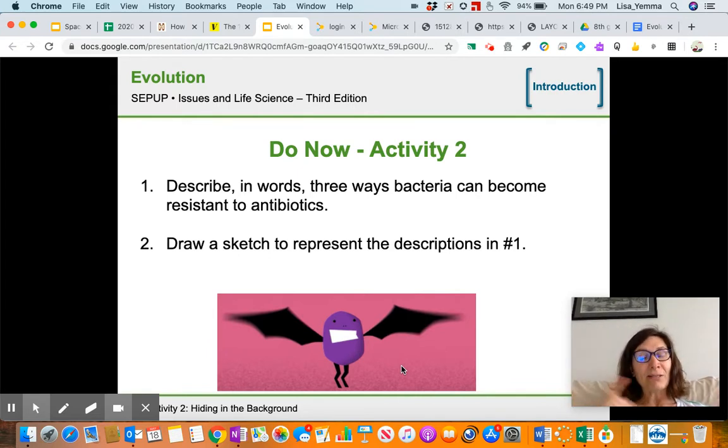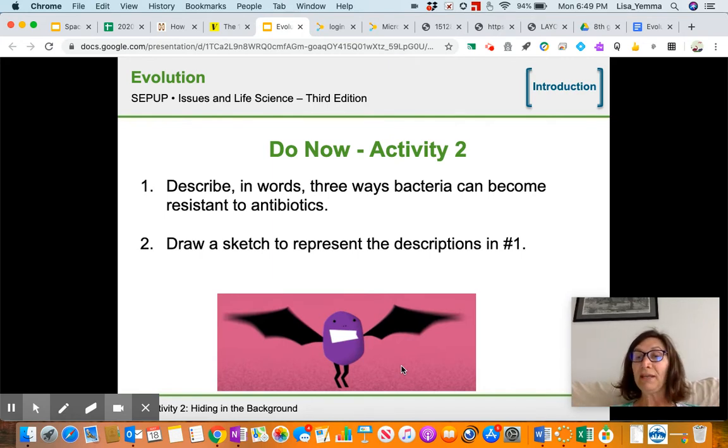Some of you asked questions about how fast evolution is, and it depends on the life cycle of the organism. For example, bacteria double divide, double divide, double divide. They can make hundreds and thousands and millions of copies of themselves, and every time you make a copy, there's an opportunity for a mutation.